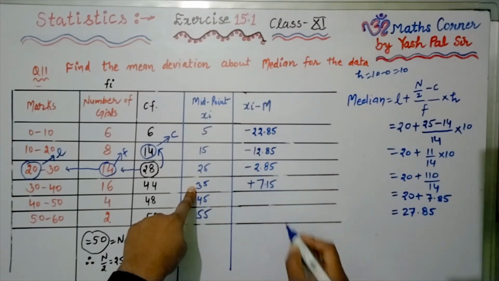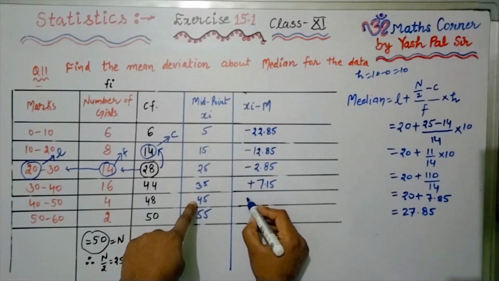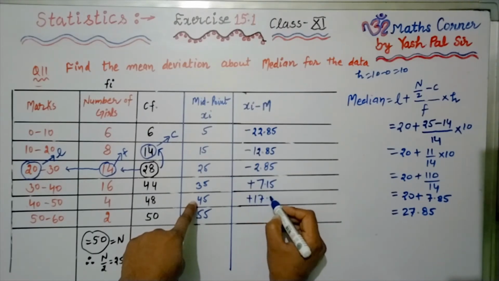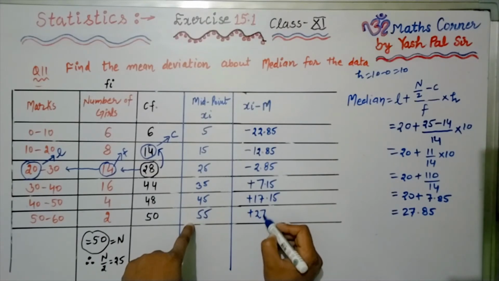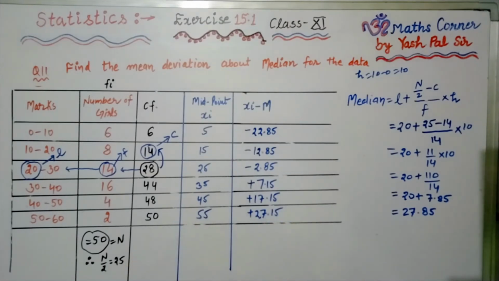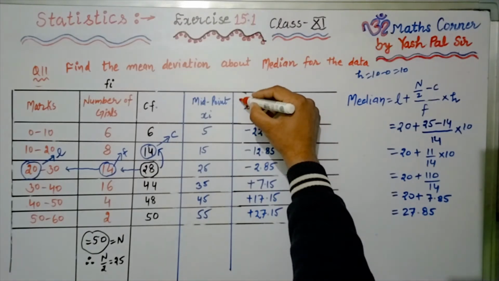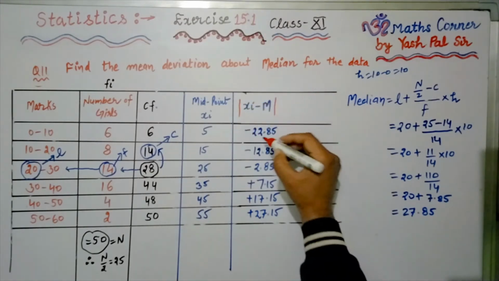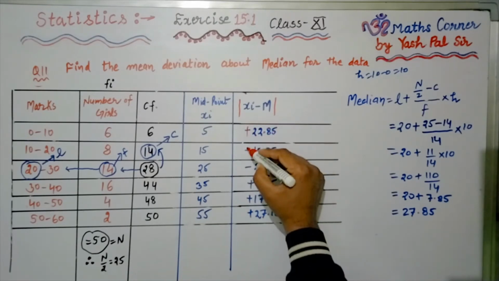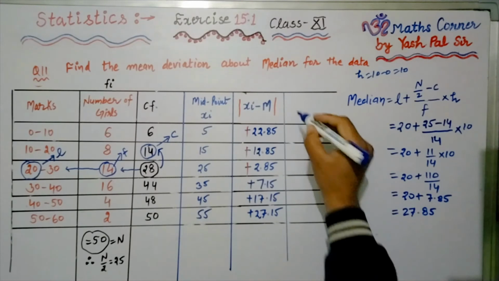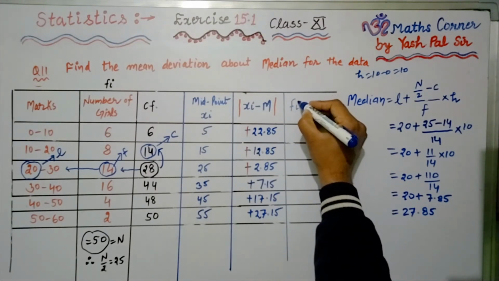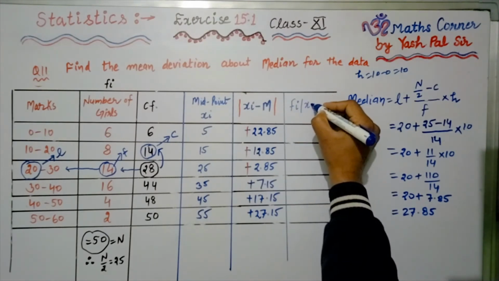Next, 35 minus 27.85. The answer is 7.15, plus 7.15. Next is plus 17.15. Next is plus 27.15. In the next step we take the modulus sign, so negative also becomes plus.